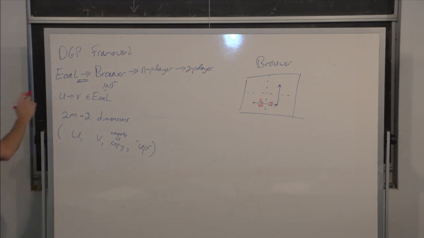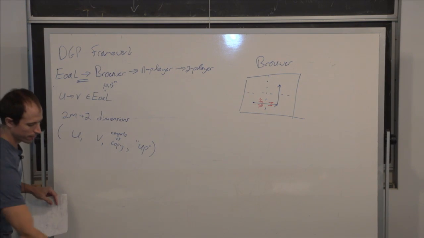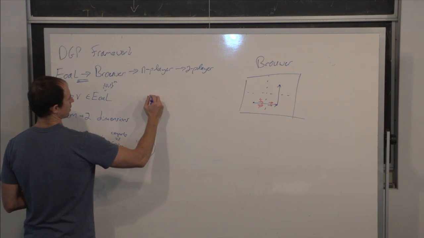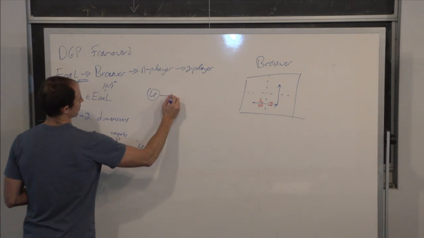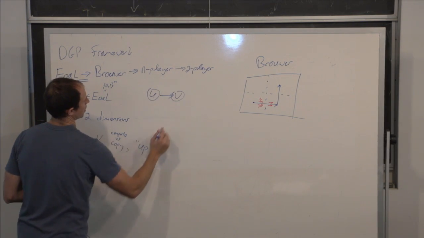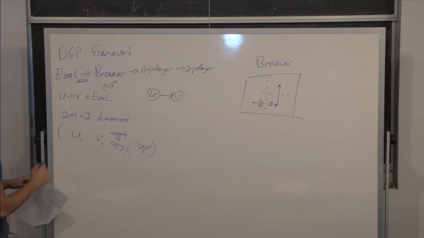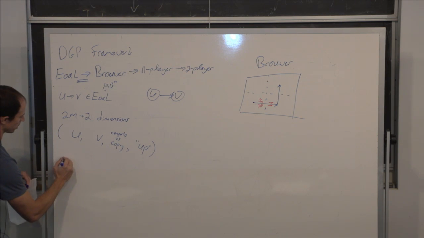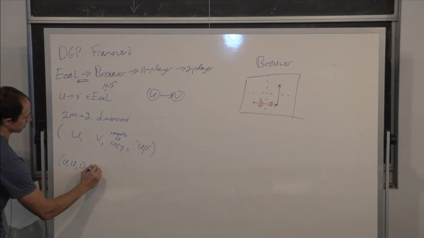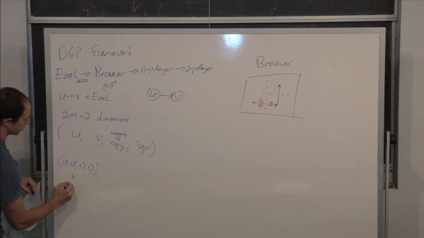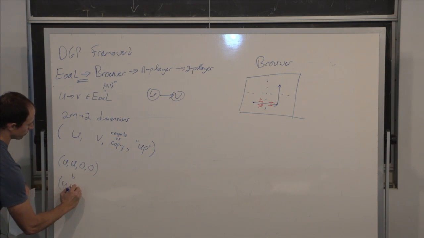So I start with this. Say that this is my graph. Okay. I will embed this. I will start at u 0 0, and I will go to u v 0 0.